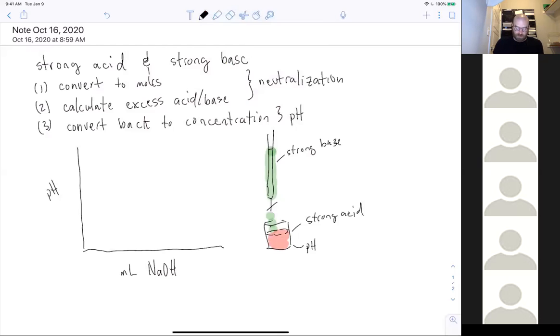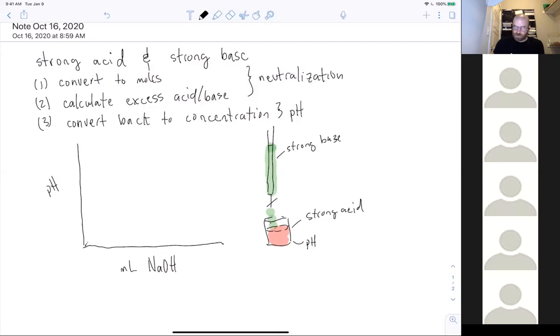And what you'll see is what you would expect. In the beginning, you have a strong acid, and so your pH is going to be very low. The rest of the curve is not super easy to predict, but it takes on a sigmoidal kind of function. It starts out looking almost linear, a gentle rise, where the pH changes pretty slowly.